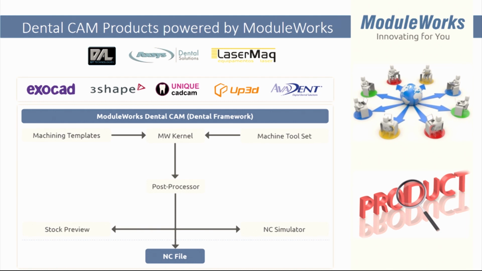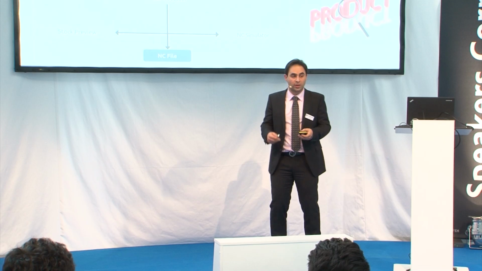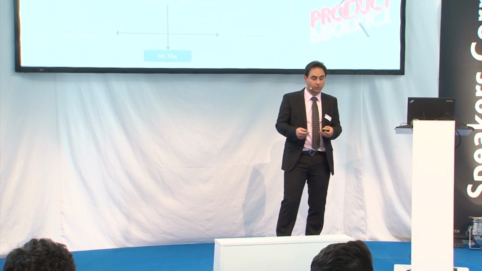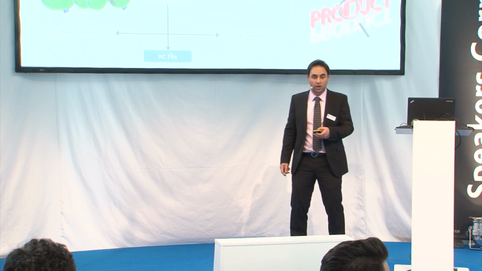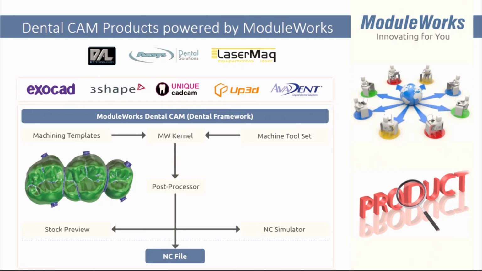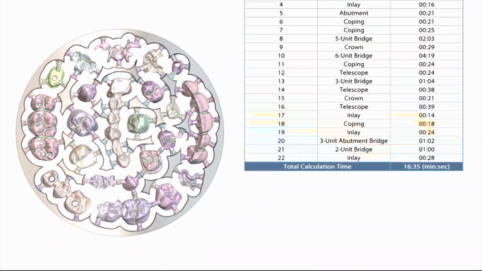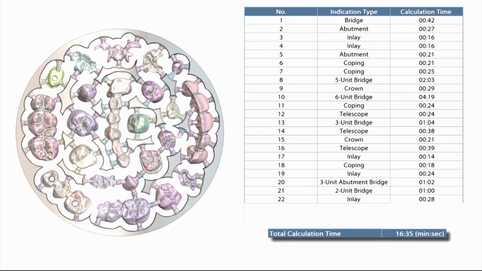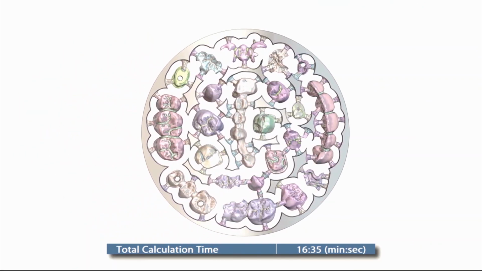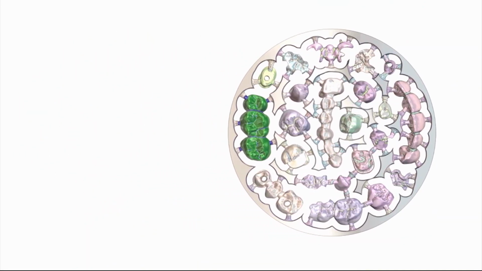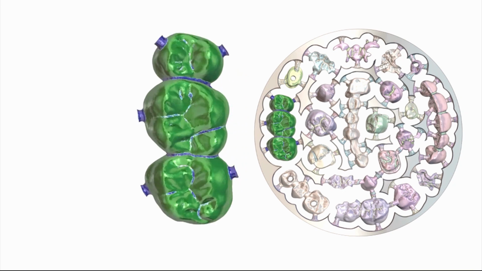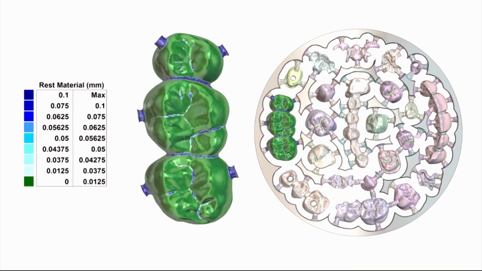To support our partners and resellers such that they can provide a better and easier support for their end users, we also provide some auxiliary tools. One of them is this stock preview, which means after the toolpath calculation, which is relatively fast in the case of ModuleWorks Dental CAM, we see the simulated machine stock with colorful information according to a deviation analysis of rest materials.